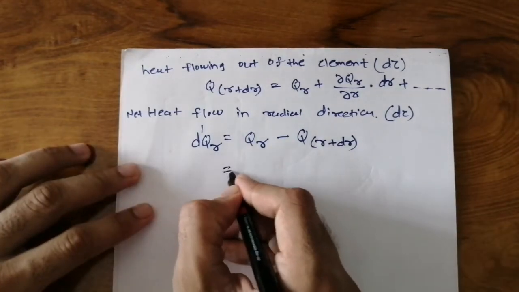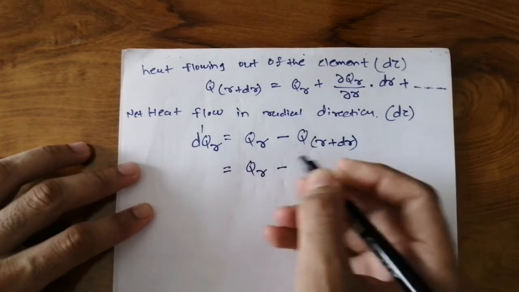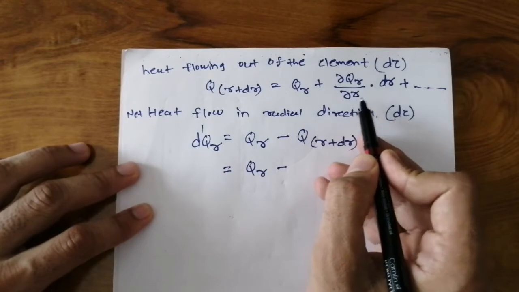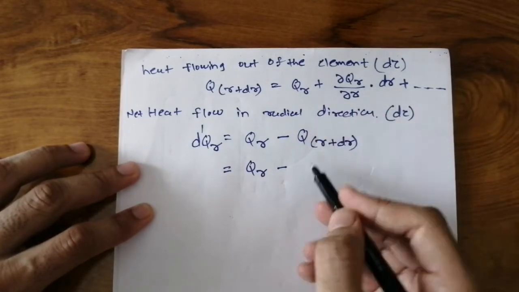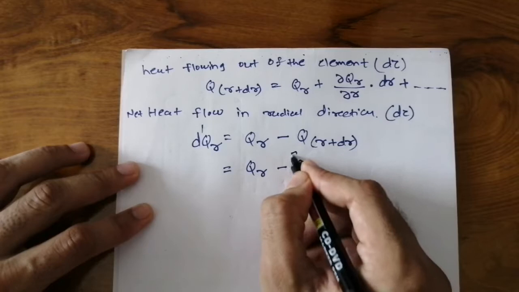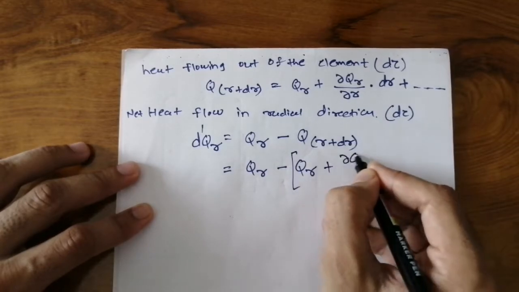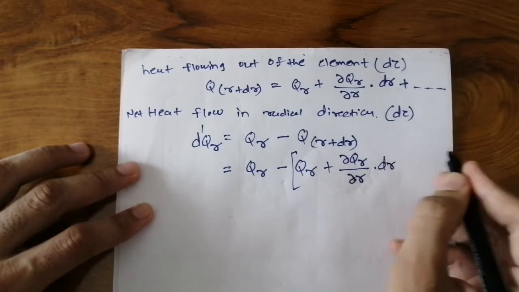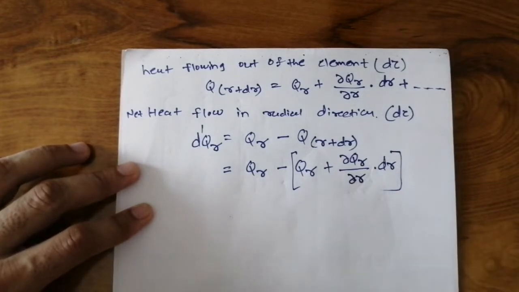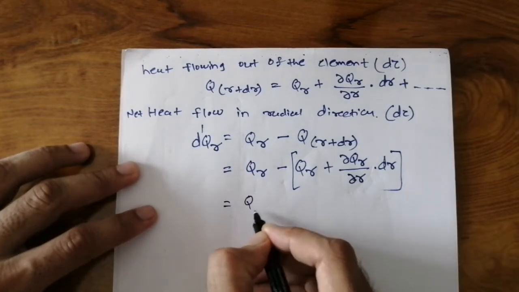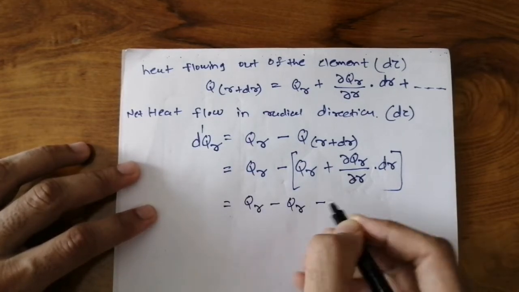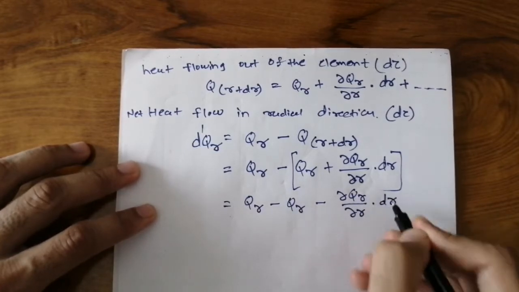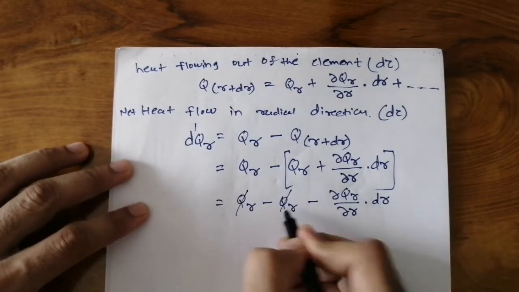So now qr is as it is, minus qr plus dr, which is qr plus del qr divided by del r into dr. We are neglecting higher terms. Separating out this bracket, it becomes qr minus del qr del r into dr. So that qr will cancel out.